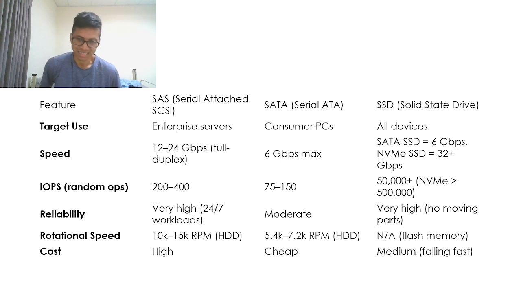Compared to the HDD, SSD has extremely high IOPS, like random operations, which makes it much better. And right now it's common in everything: common in laptops, desktops, and servers.